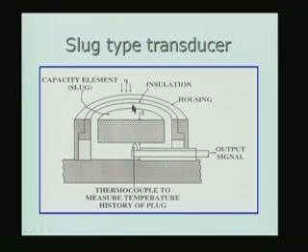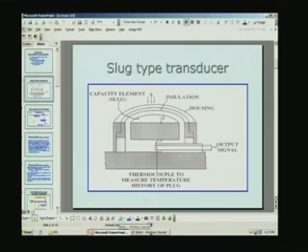Q multiplied by the area of this slug, which is exposed to the heat flux, is the amount of heat which is entering the slug. This must be equal to the rate of change of the internal energy of the slug, which can be determined from the mass, specific heat, and the temperature rise product. So, let me just do a simple analysis by going to the board and explain how we are going to account for the heat loss.